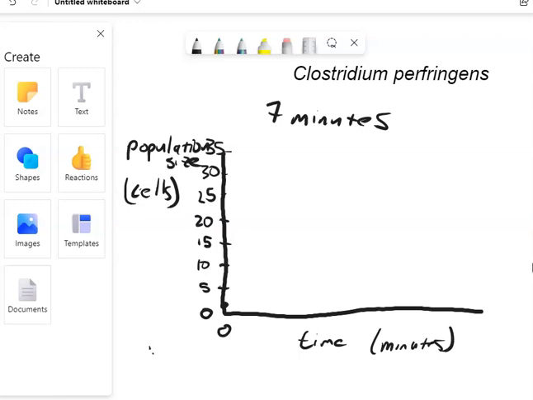And then by 7 minutes, that's the doubling time, that cell would have become 2 cells, which would be like here. Well, 7 minutes later, those 2 cells would have doubled again. And 7 minutes later would be 14 minutes.